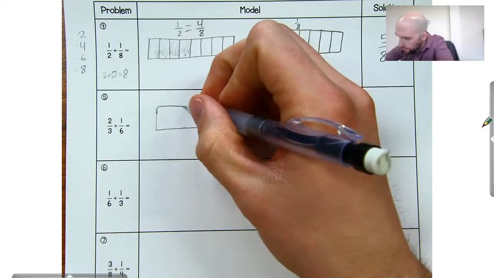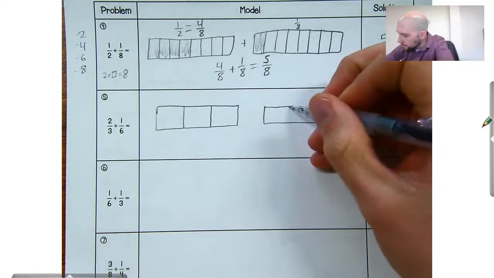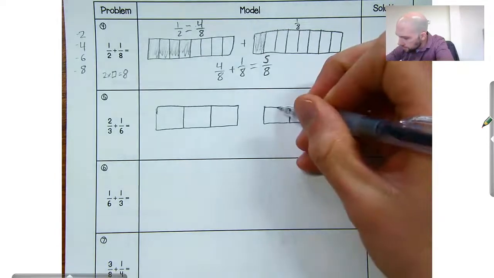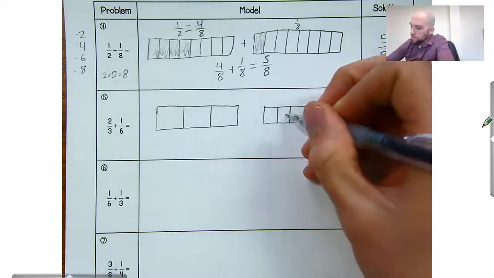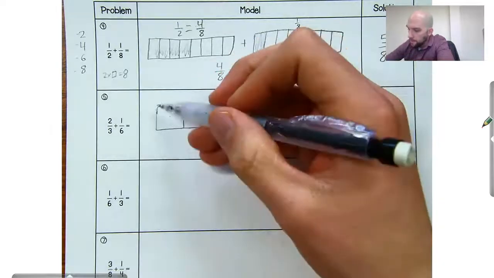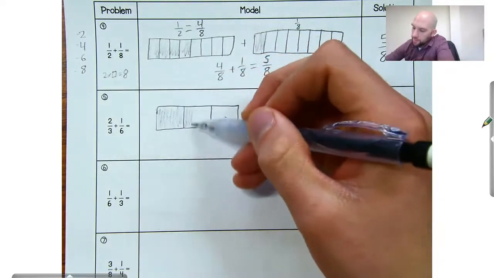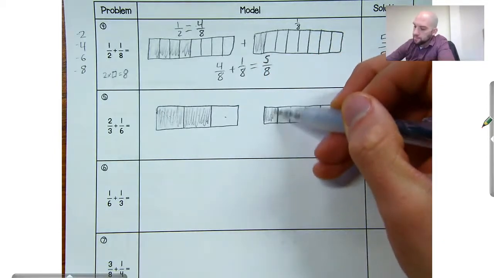So I have 1, 2, 3. 1, 2, 3, 4, 5, 6. I have 6 parts, and I have 1, 2, 3 parts over here. I have 2/3 shaded on this side, and I'm going to shade 1/6 on my right side.